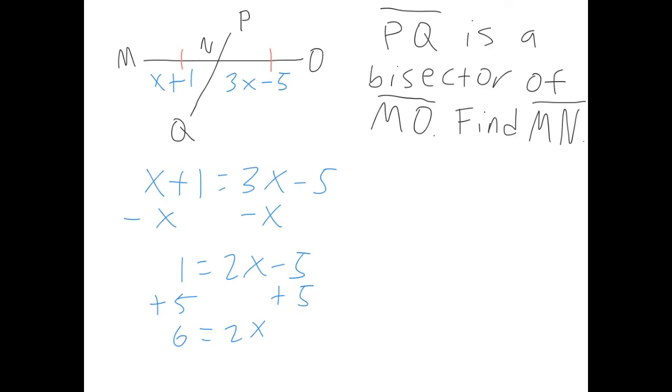Now we need to undo the multiplication, divide by 2, and that will give us x equals 3. So now that we know x equals 3, it wants us to find MN. Well, MN is x plus 1. So if x is 3, then MN will just be equal to 3 plus 1, which is 4.